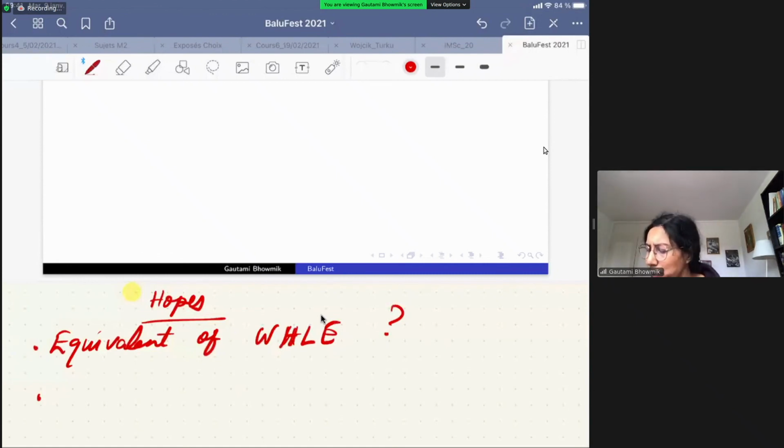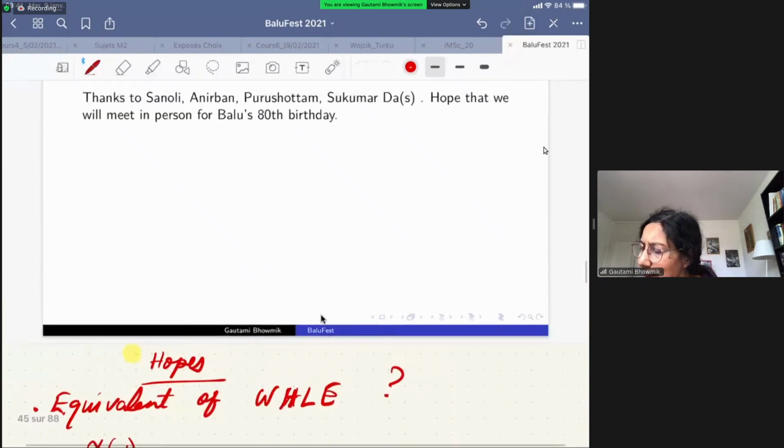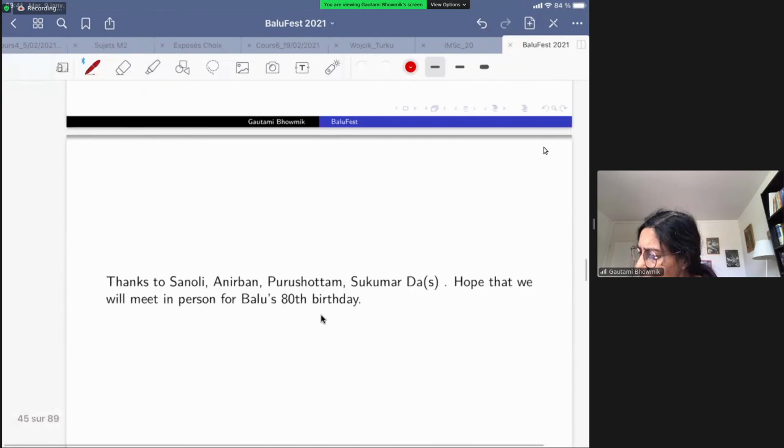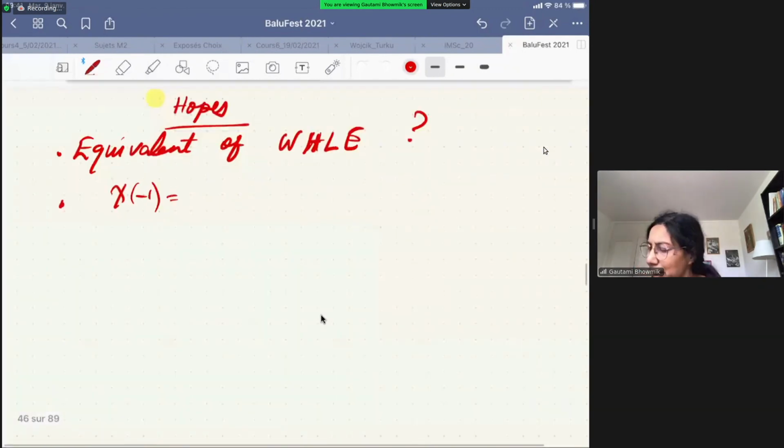Something else that is irritating is this: chi of minus 1 is equal to minus 1, right? Can we forget this?